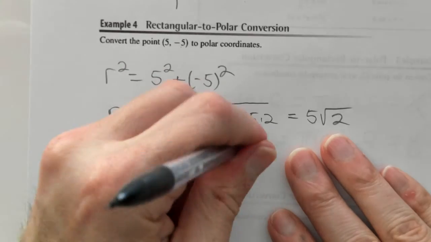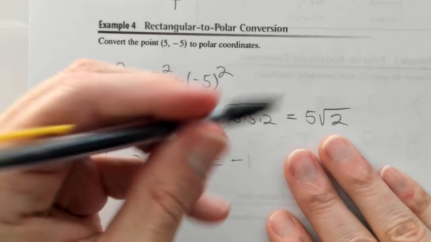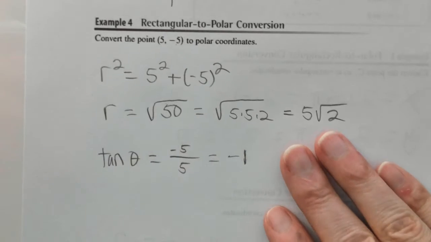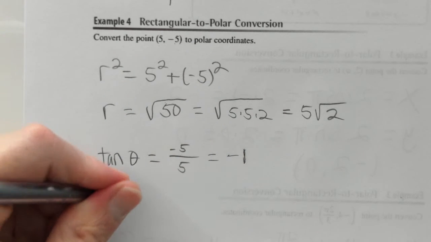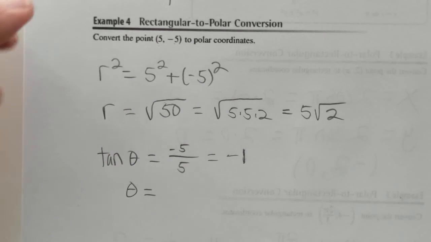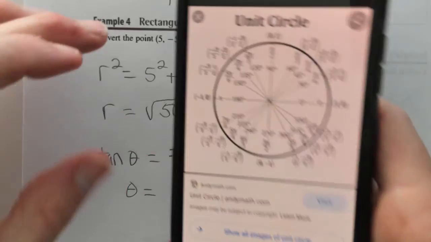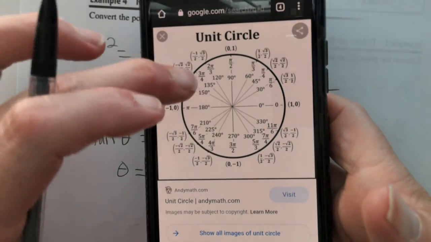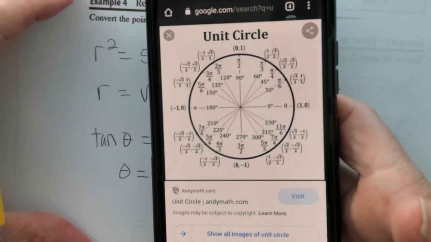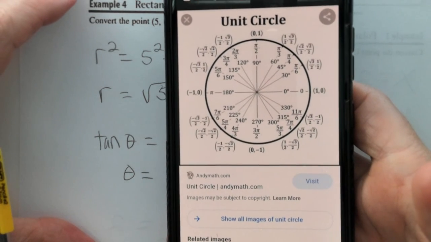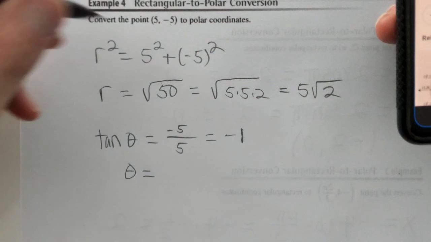So I am once again looking for an angle whose tangent is negative 1. And we already know what values that would be at. That would be at either 3 pi over 4 or 7 pi over 4. They happen to be the same two values from the last problem. But let's take a look.